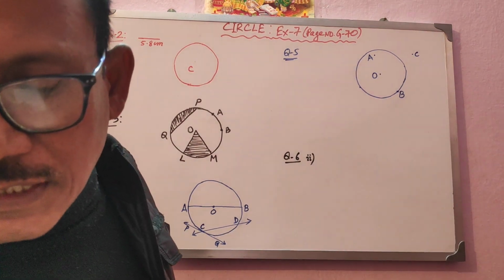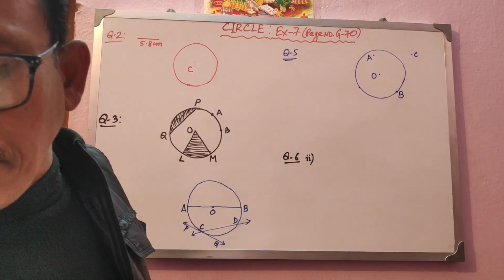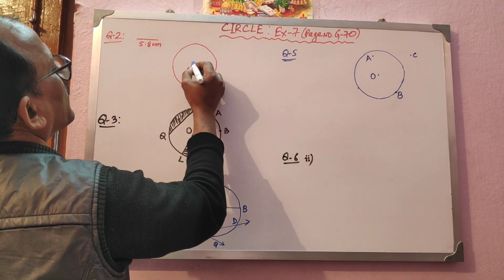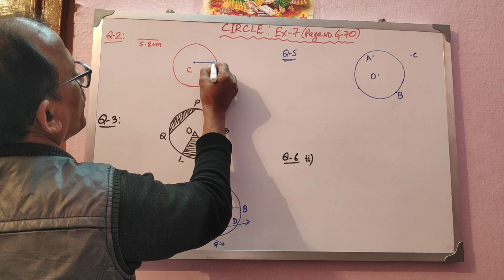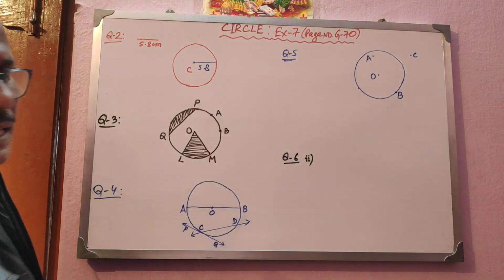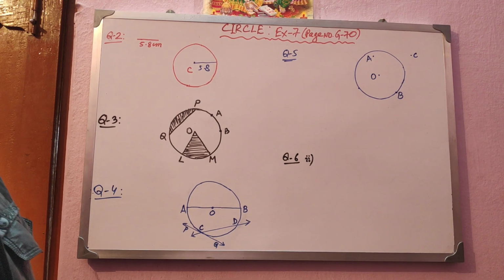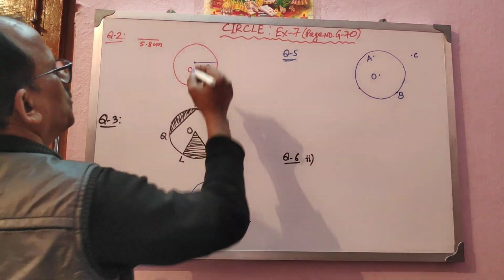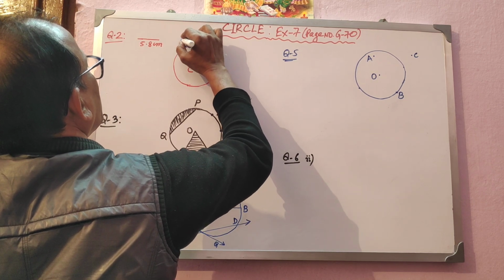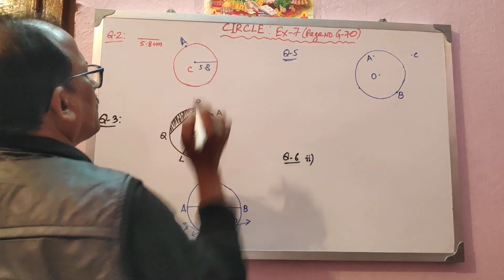A and B are two points on the circle. On the circle means on the circumference.